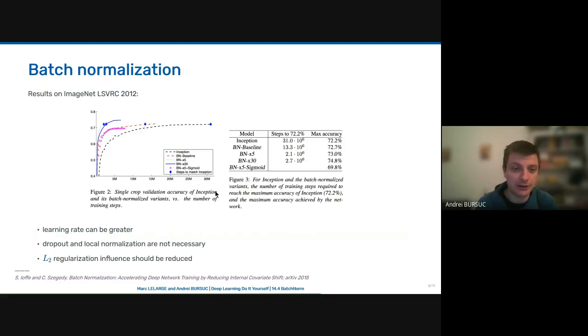So there are some finer interconnections there. It also reduces the impact of dropout and other normalization techniques that were previously used; at least local normalization was made obsolete by Batchnorm at that time.